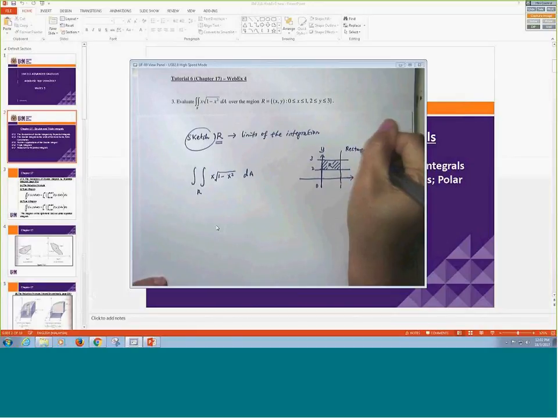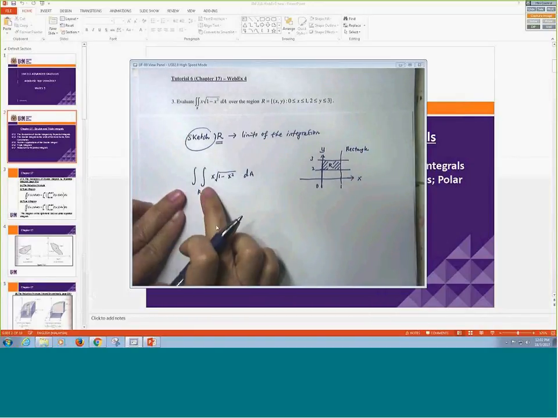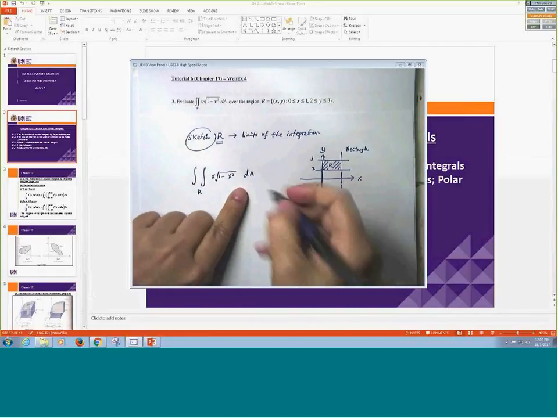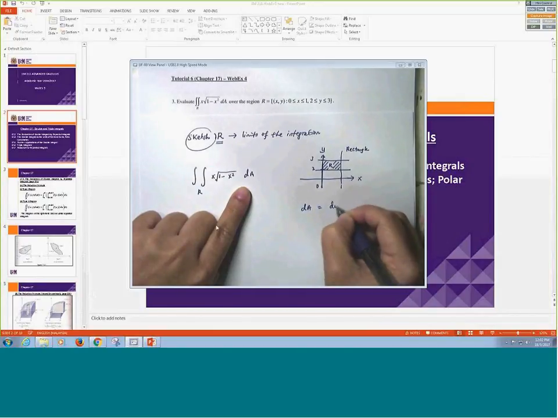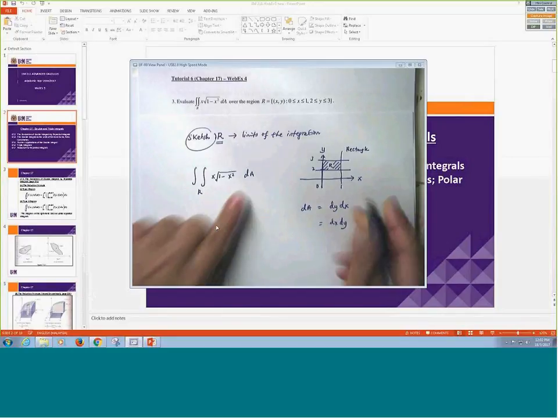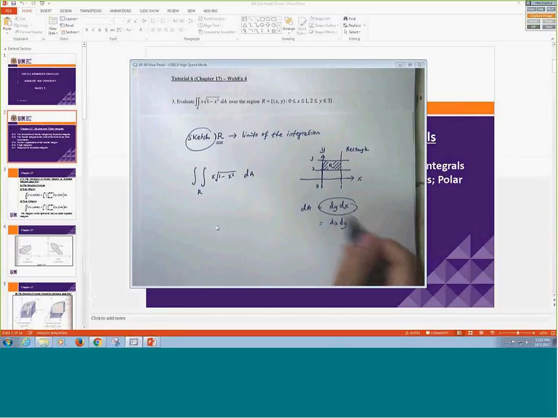If it is a rectangle, then in order to determine the limits of integration, we can choose either dA written as dy dx, or dx dy. In this case, you may choose either one.